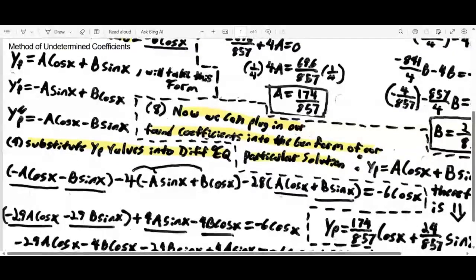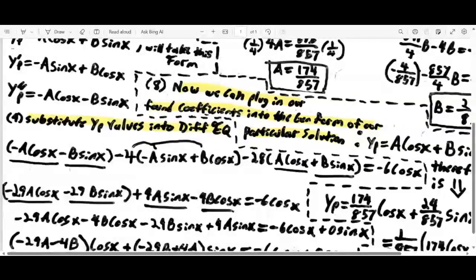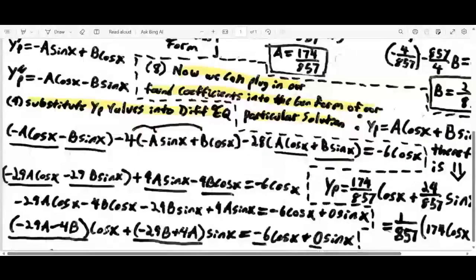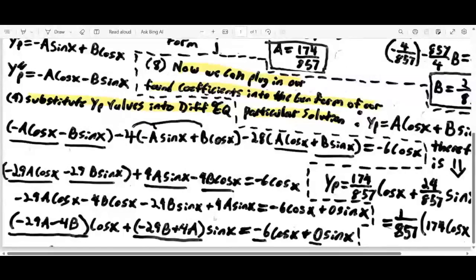After we distribute, it's going to help us simplify our equation. As we go along and distribute and combine our like terms that have cos x, we're going to combine cos x from this side and right here, sine x from this side and sine x right here. And then we're going to bring that down. Since we have everything aligned and right next to each other, all we have to do is factor out our constants for the left side of the equation.